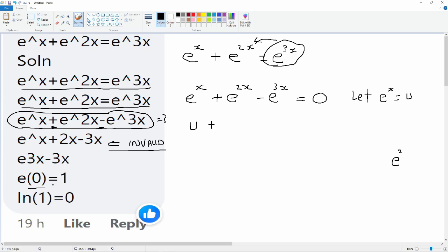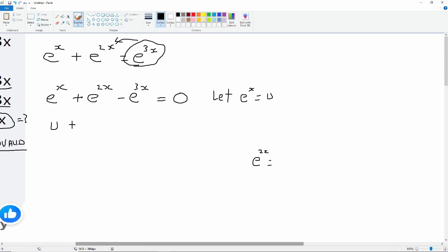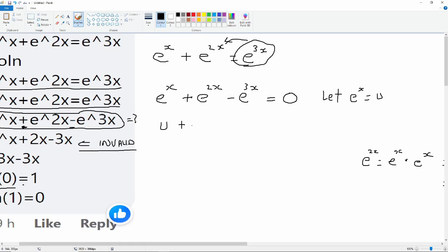So e to the power 2x is equal to e to the power x multiplied by e to the power x, which is equal to e to the power x squared. But we know e to the power x is u, so that's equal to u squared. So that's u plus u squared. And then by the same reasoning, e to the power 3x just becomes u cubed, but let's go through the motions.